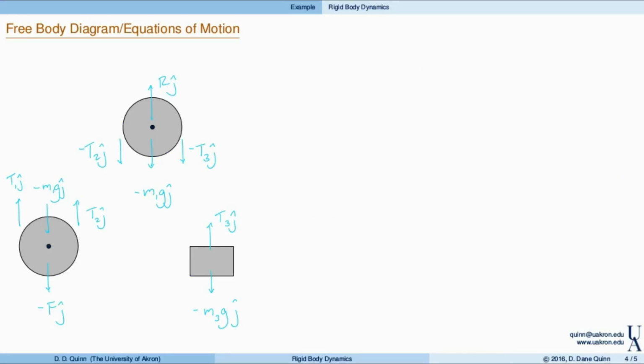And so now, turning to the equations of motion, we apply momentum balance to each object in the system.